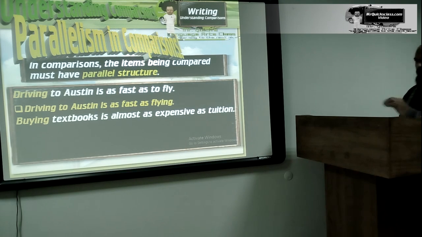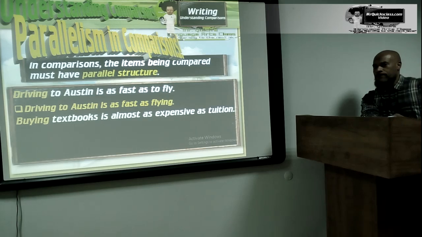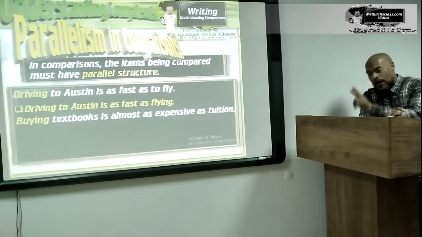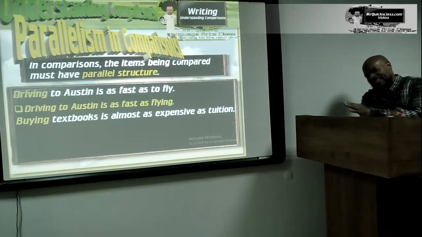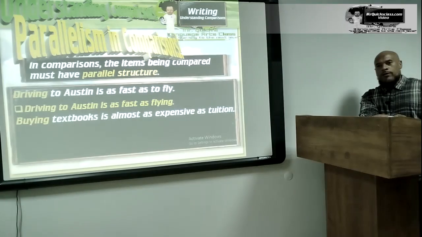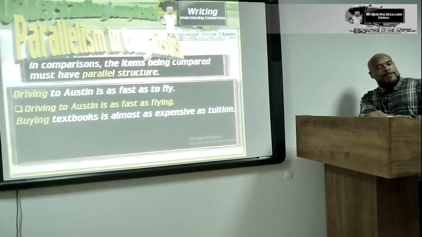Anyone disagree? Are these two items being presented in the sentence in proper parallel structure? No. So put it in proper parallel structure. Anybody?